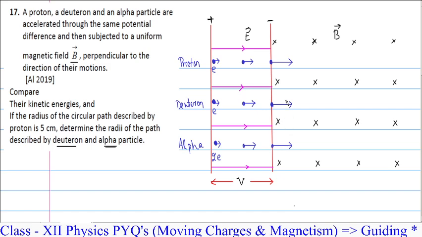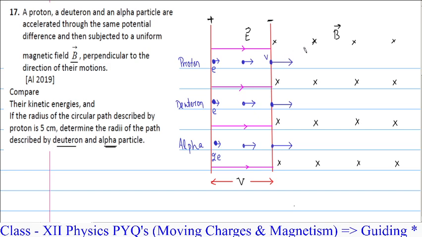That means they will have maximum kinetic energy. Let the velocity with which the three different particles enter this uniform magnetic field be v. As soon as they enter the uniform magnetic field, what will happen?